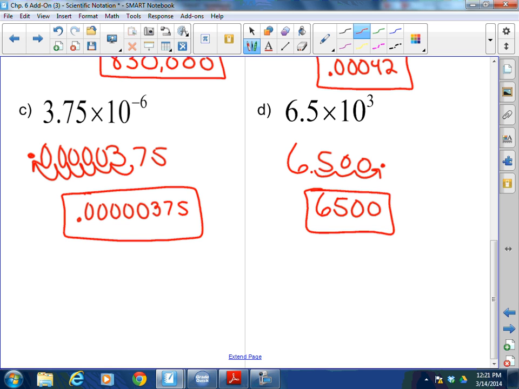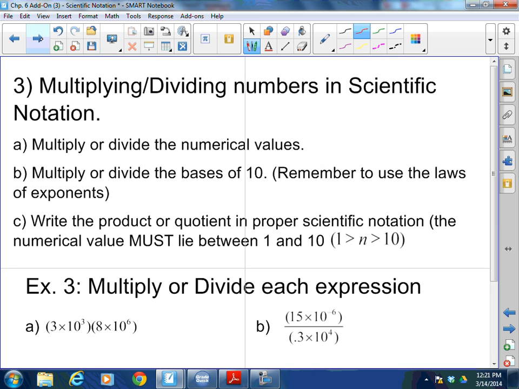Everyone stresses on the next part, but it's easy, okay? I promise you. My friends, we're going to sometimes have to multiply or divide numbers in scientific notation. First thing you want to do, multiply or divide the numerical values.